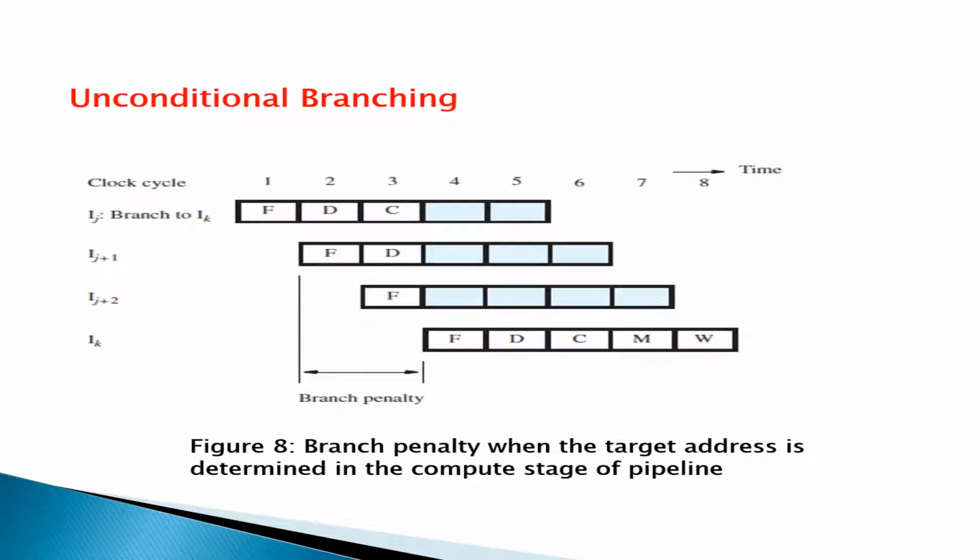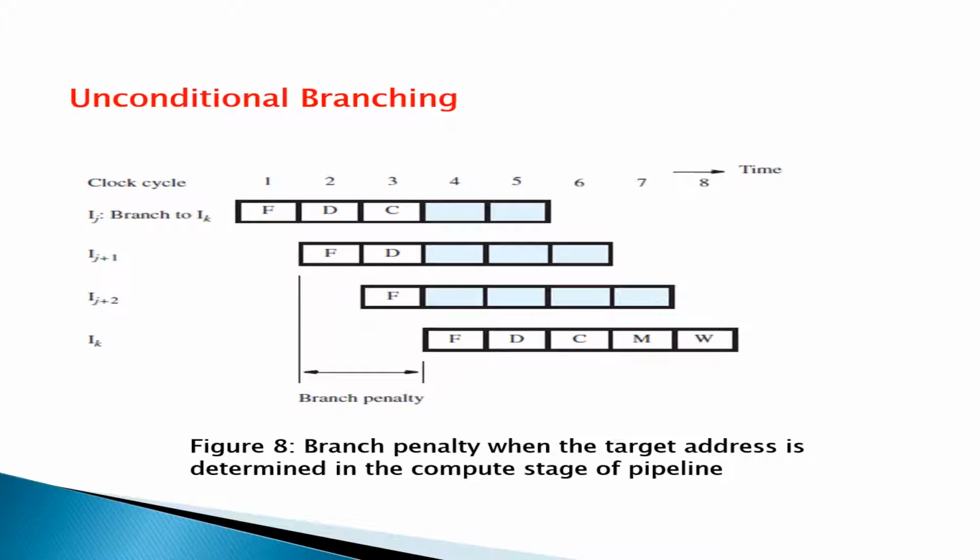In cycle 4, instruction Ik is fetched since the branch address was computed in cycle 3. As a result, instructions Ij+1 and Ij+2, which were fetched, have to be discarded. The resulting two cycle delay constitutes a branch delay.